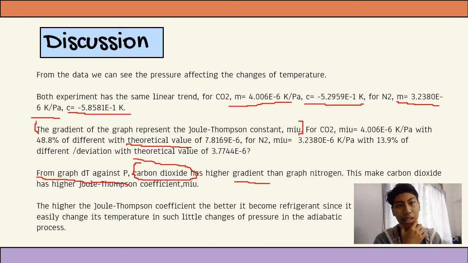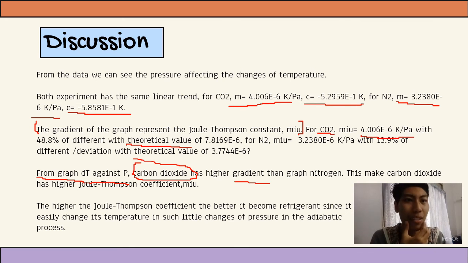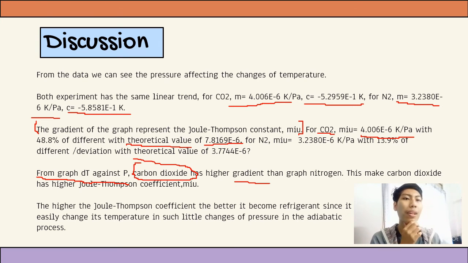The theoretical Joule-Thomson coefficient for carbon dioxide is 7.8169 exponent -6 Kelvin per Pascal, while our data is quite a bit further from the theoretical value, which is 4.006 exponent -6 Kelvin per Pascal. So if we make the comparison, we get an error of 48.8%.